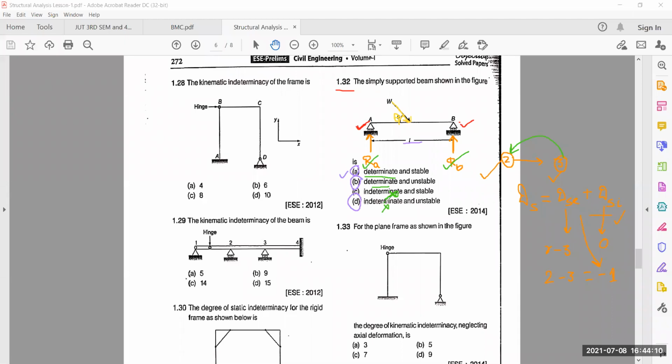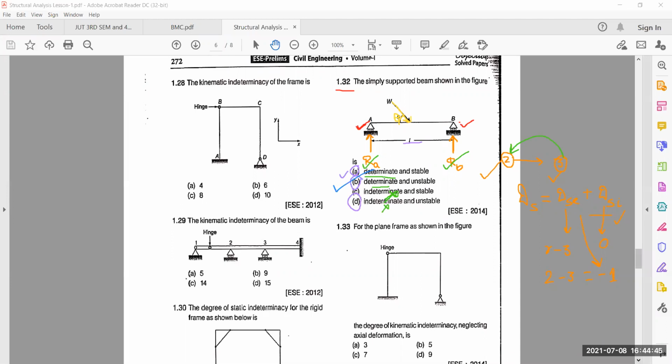So this structure is unstable. Next, these two reactions are also parallel to each other, so we again say this structure is unstable. So the right answer for this question is option B. This structure is determinate and stable. Okay, this is the right answer.